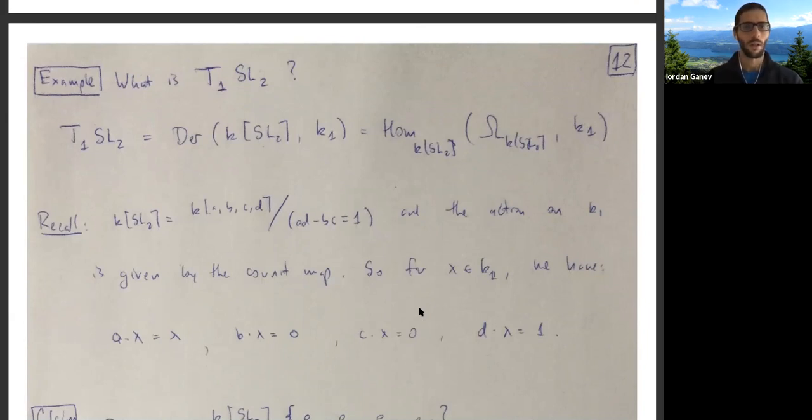By definition, the tangent space is all the derivations from the affine algebra of SL2 to K sub 1. This is the fiber at 1, which is a module for this affine algebra, quotient by the corresponding maximal ideal.